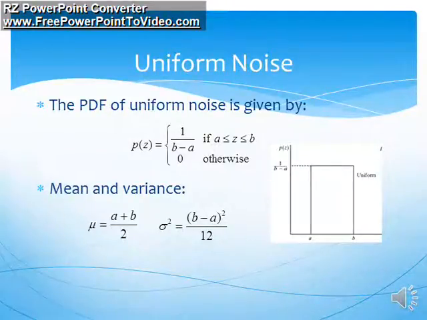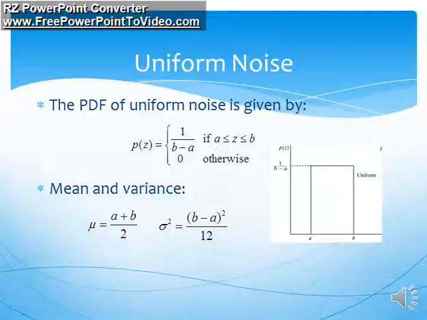Our next topic is uniform noise. From the term it's very clear the noise is uniform, no abrupt change is there. So the plot has been given here. From the plot we can see the noise is very uniform.